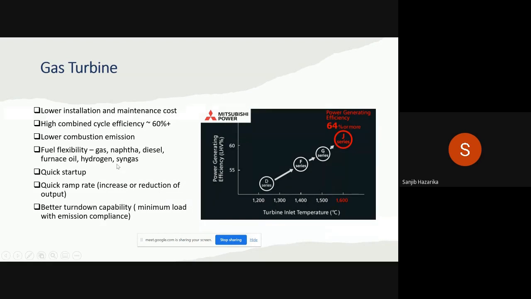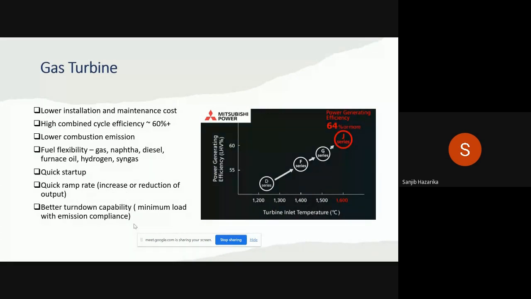Another is the startup time. A gas turbine can start up in maybe half an hour if we require, without thinking about the bottoming cycle or the steam part. Ramp rate is nothing but the increase or reduction of output. That's very flexible in a gas turbine.